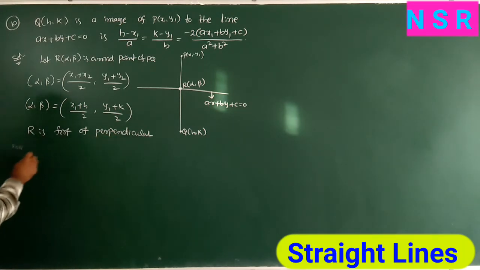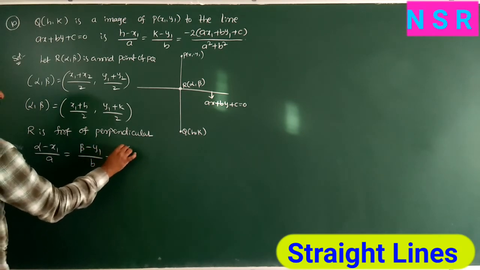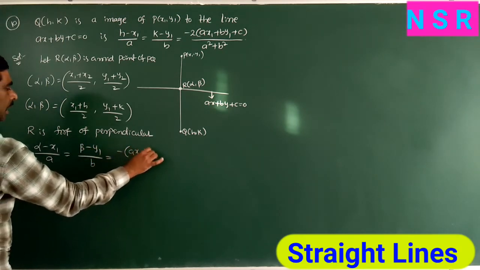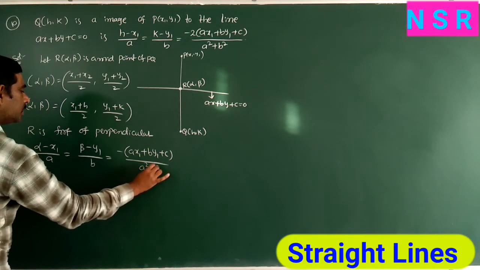So if R is the foot of perpendicular, R is alpha comma beta, write alpha minus x1 by a equal to beta minus y1 by b equal to minus of ax1 plus by1 plus c by a square plus b square.